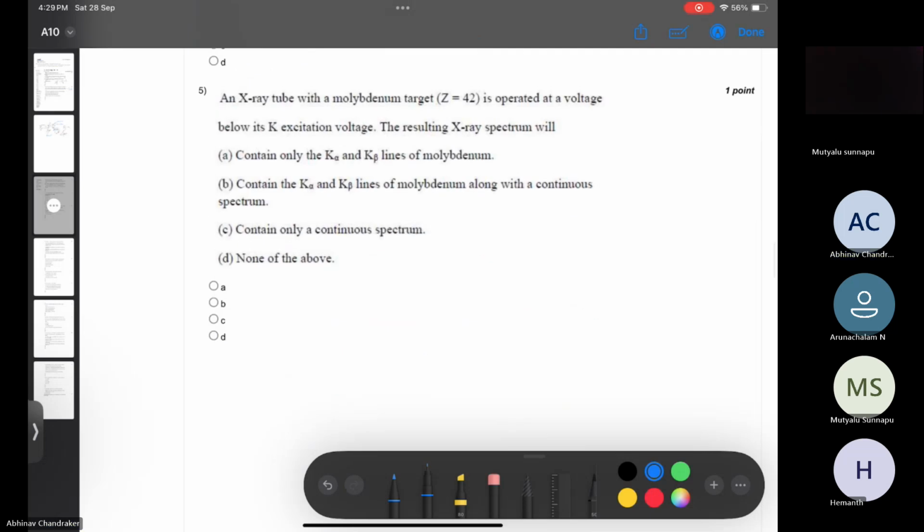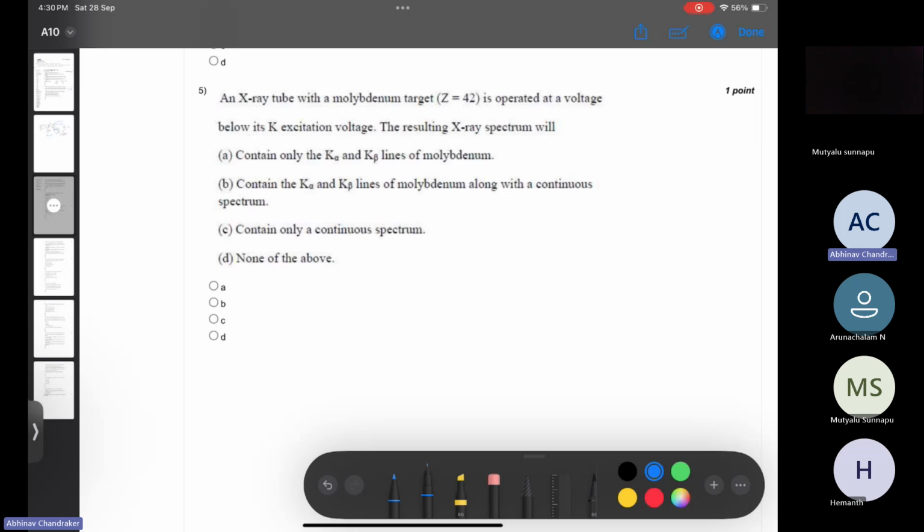Okay, so let's go to the fifth question. We have an X-ray tube with a molybdenum target, which is operated below the K excitation voltage.